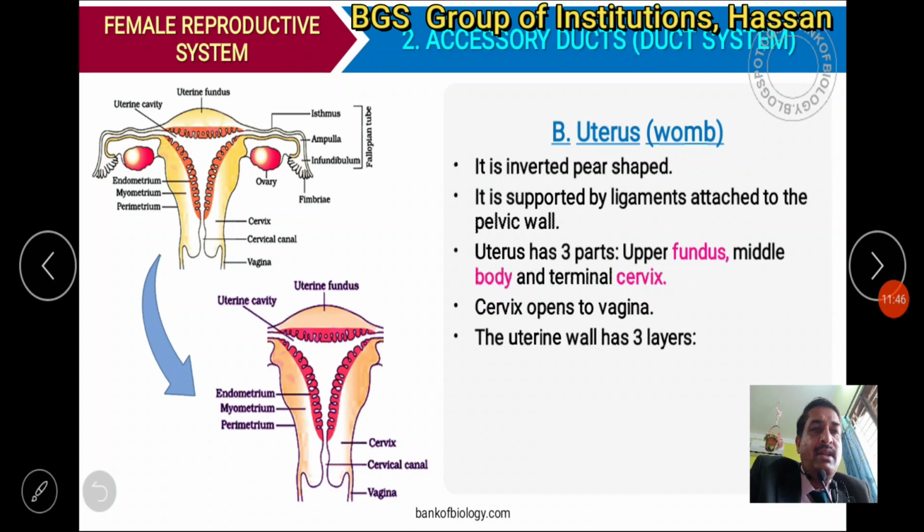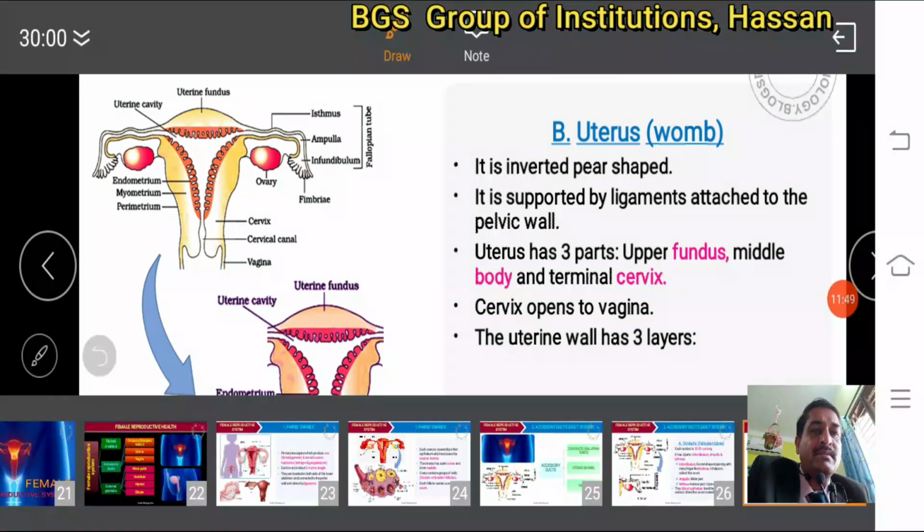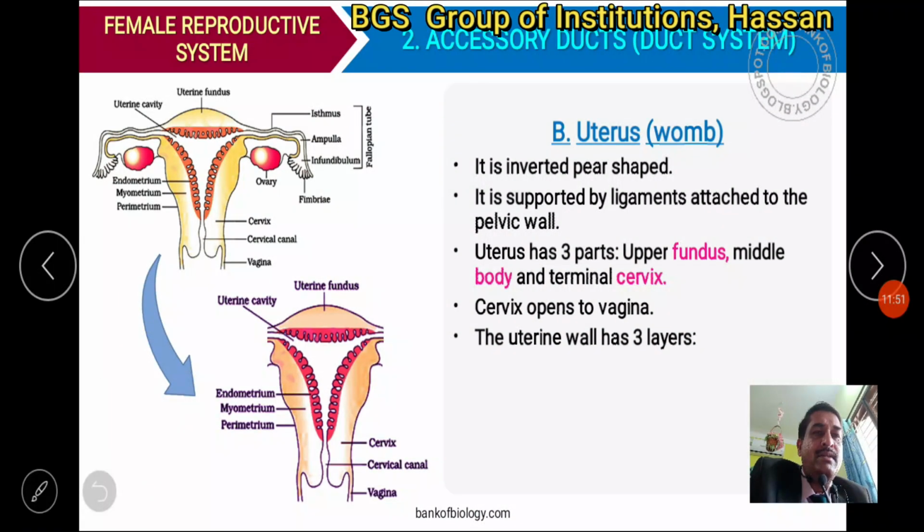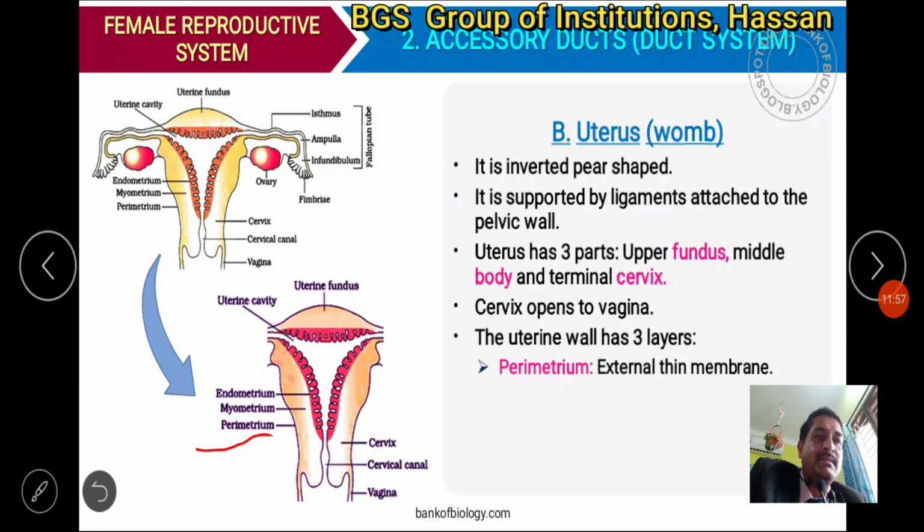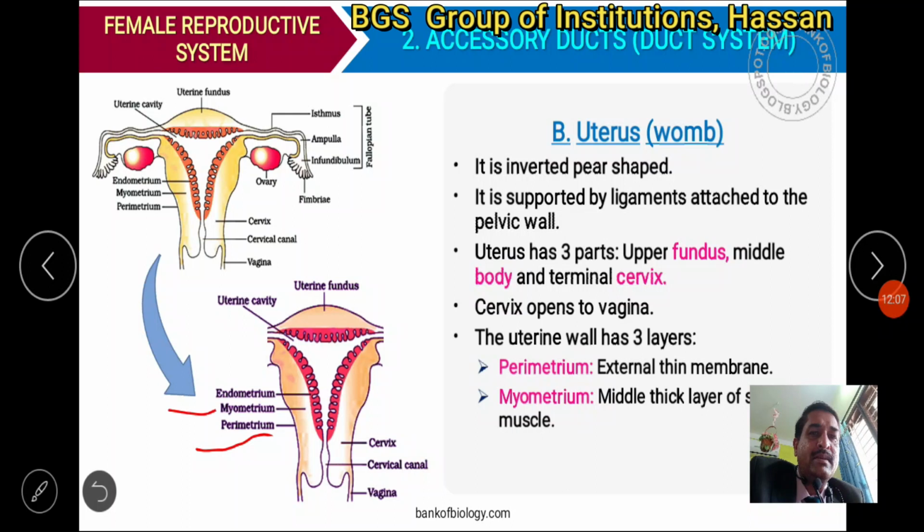Then the uterine wall. The uterine wall has three major layers. The first one is perimetrium, the outermost layer. Next, the middle one is myometrium, a thick layer which contains smooth muscles.